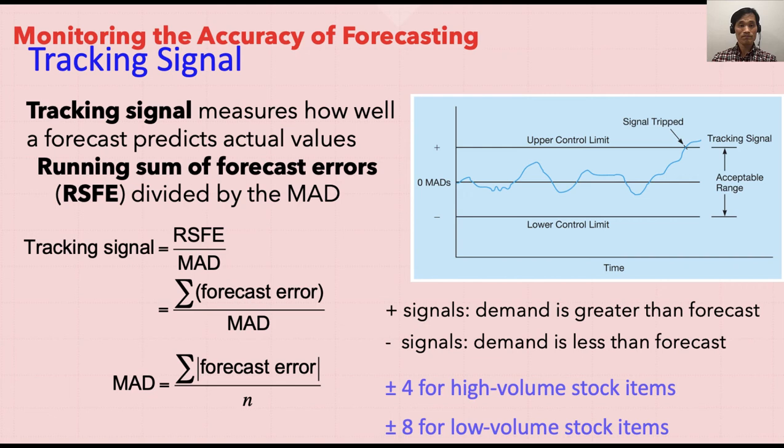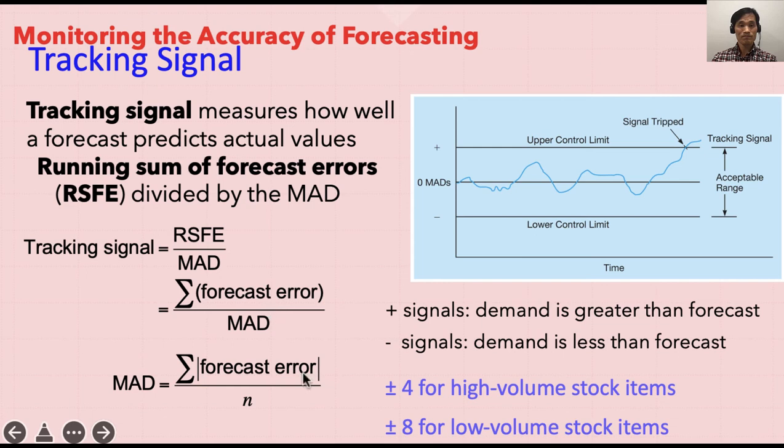The running sum of forecast errors is simply the summation of forecast errors, and it could be either positive or negative, because we did not take the absolute value of them. And you have to divide it by MAD that we have discussed just now. MAD is defined as the absolute value of forecast error, summed up and divided by n. And you are dividing RSFE by MAD and seeing where it is standing.